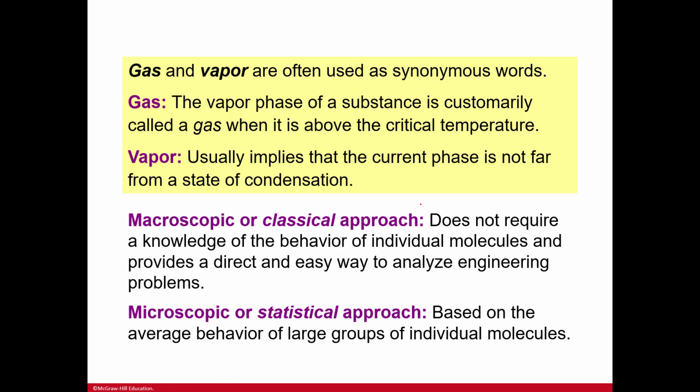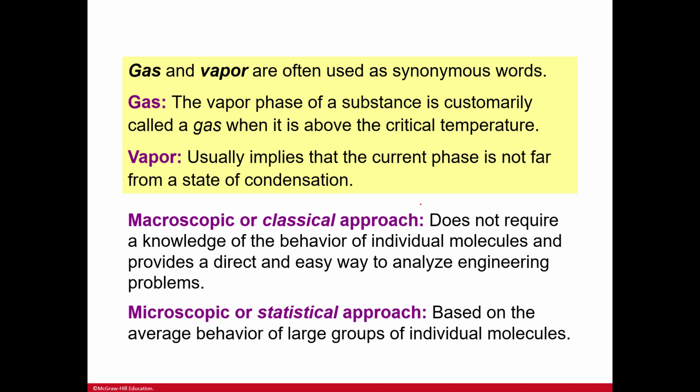So gas and vapor are often used as synonyms. Gas is the vapor phase of a substance above the critical temperature, and vapor usually implies that the current phase is not far from the state of condensation. So when we talk about gas and vapor, they are, like it says, typically used as synonyms.